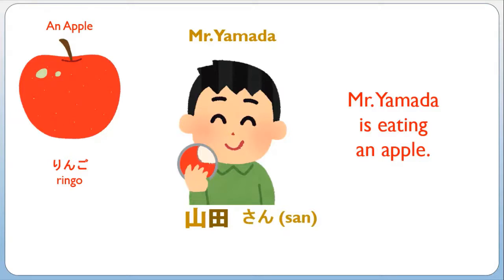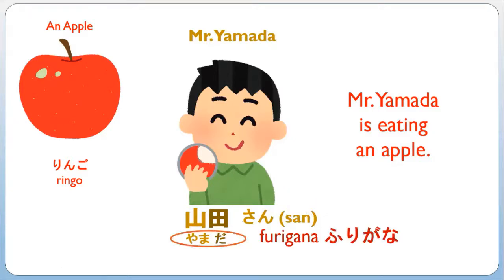Now, usually the beginners may not be able to read this kanji. So usually in school, elementary school also, you will find some hiragana below the kanji. So this is yama and da. So the students will learn how to read the kanji. And this kind of writing in hiragana below the kanji is called furigana.